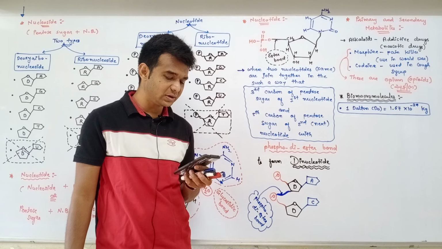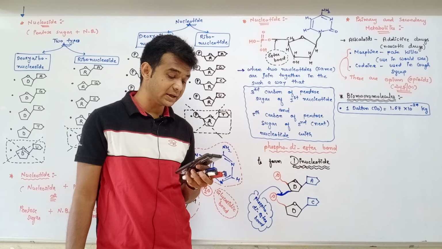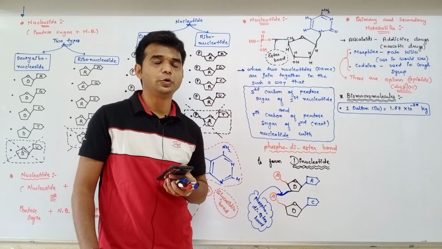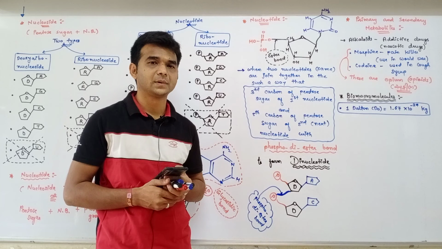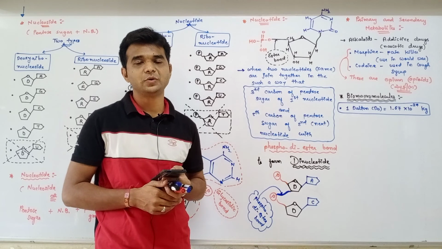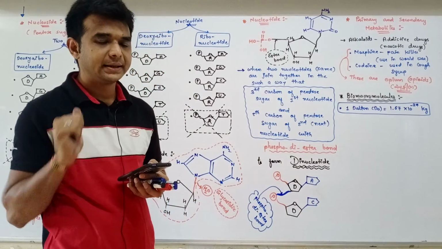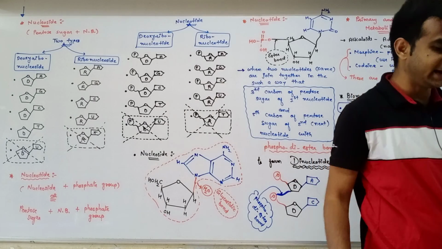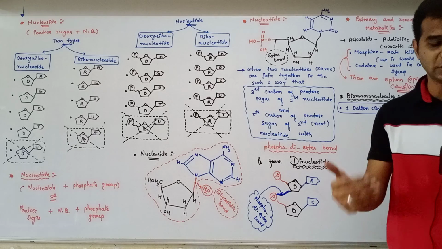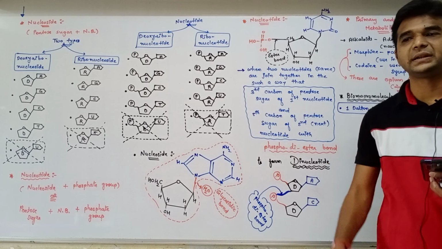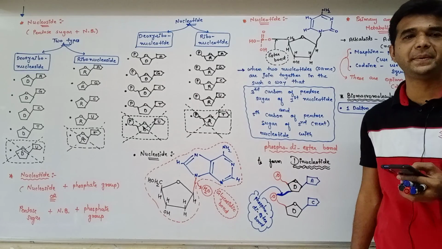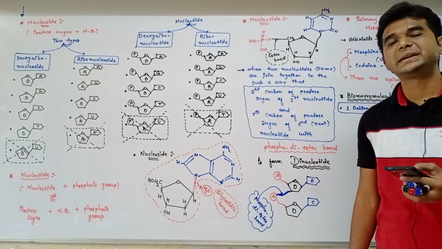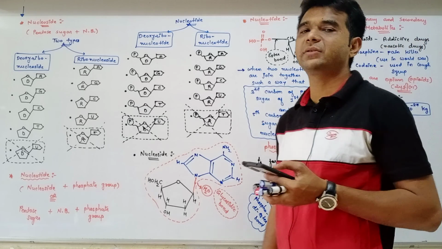So all students, please remember, here are two types of molecules, acid soluble and acid insoluble. In acid insoluble we include protein, nucleic acid, polysaccharide and lipid, but with the exception of lipid, because lipid has greater than 10,000 Dalton molecular weight.